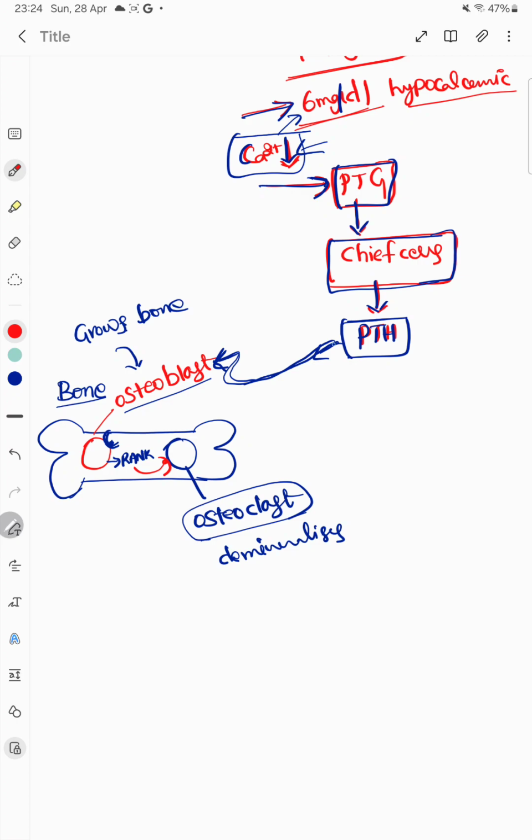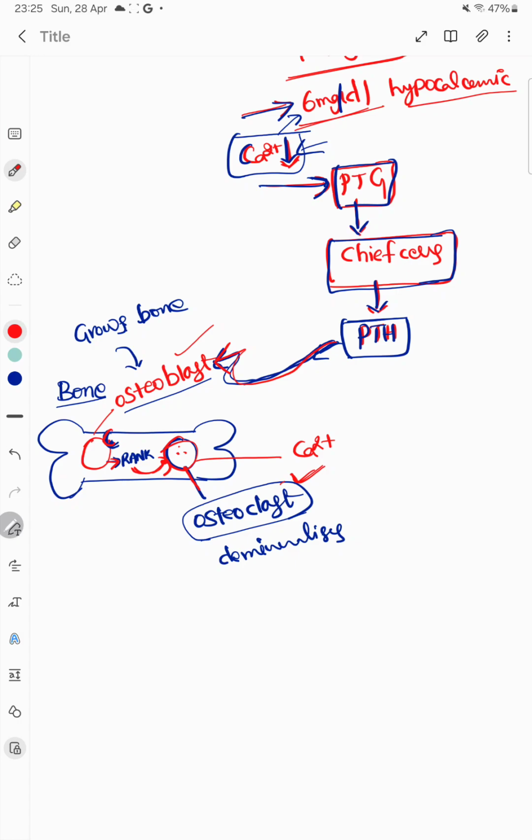Remember, first parathyroid hormone acts on the osteoblast. Osteoblast, in response, produces RANK. This RANK binds to the osteoclast. In response to the RANK binding on the osteoclast, this osteoclast releases calcium stores from the bone.